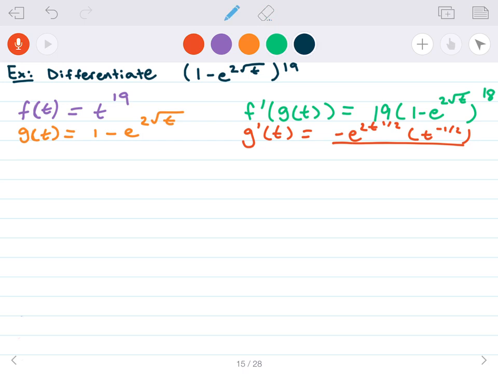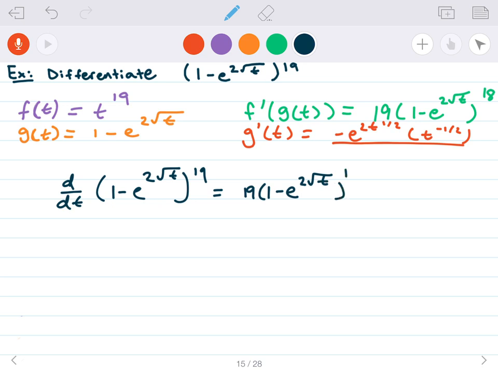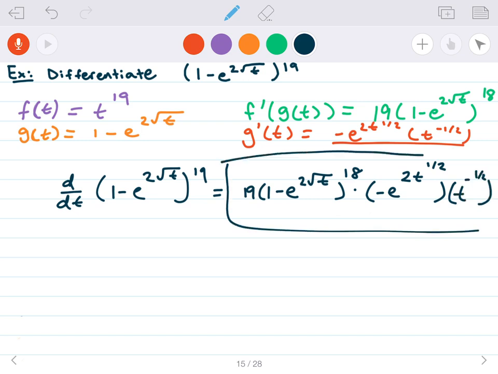So the derivative, my final answer of this thing that I started with, is going to be equal to 19, 1 minus e to the 2 root t to the 18 times negative e to the 2t to the 1/2 times t to the negative 1/2. All right, so that is my final answer there.